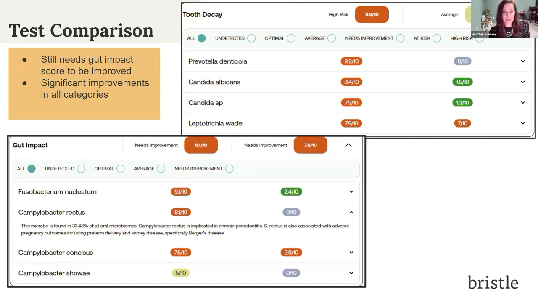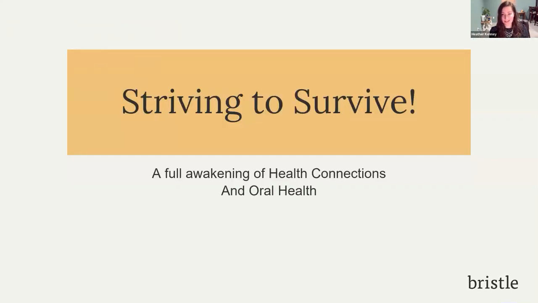So we've really mitigated her decay risk. Her gut impact is pretty impacted as well. We're still struggling with Campylobacter, so maybe a zinc supplement might be appropriate for her to try to get that down. But overall, great improvement. So that was a super, super successful story.